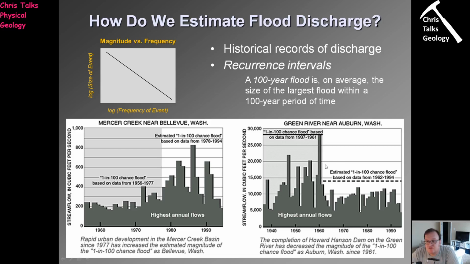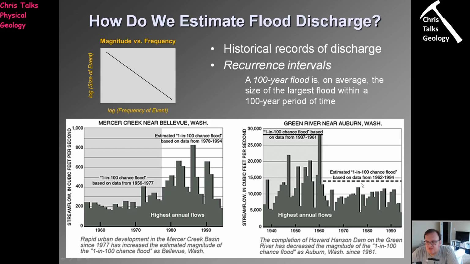Now if we look over here at Green River, we can see the 1 in 100 year flood from 1937 to 1961 was up here, somewhere in the region of approximately 28,000 cubic feet per second, so a pretty substantial flood there.